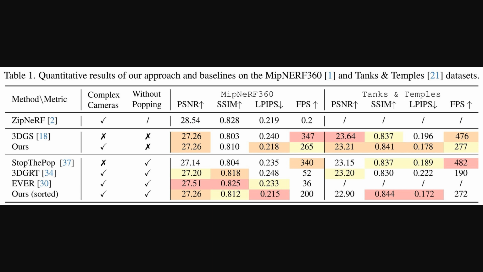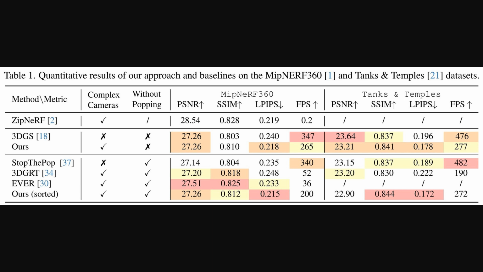Looking at the results, ours, which represents 3DGUT, achieves PSNR, SSIM, and LPIPS scores very close to the original 3DGS. For example, on MipNeRF 360, PSNR is 27.26 for both, very similar to 3DGS.